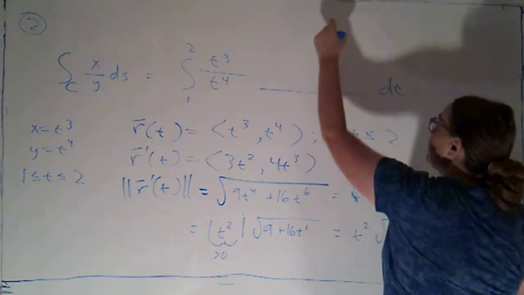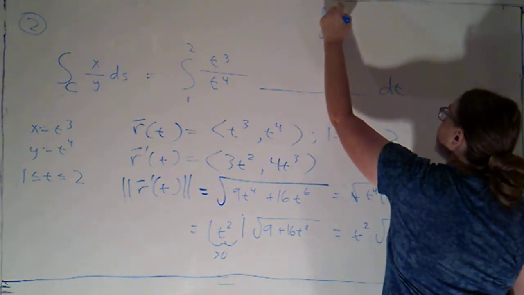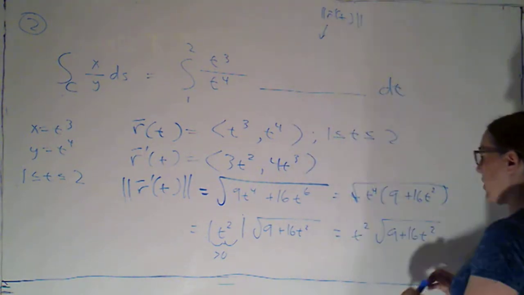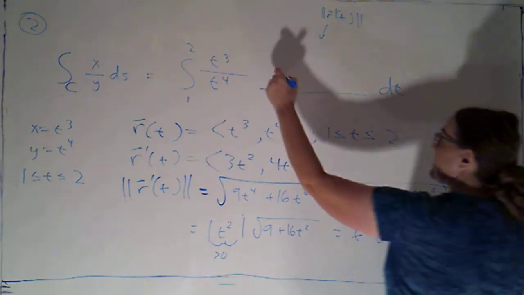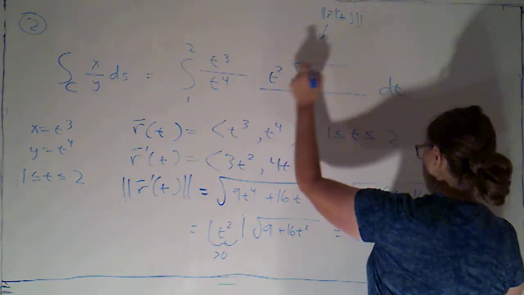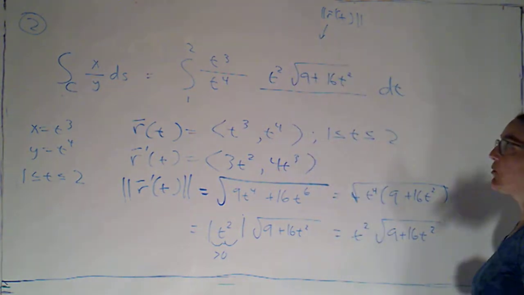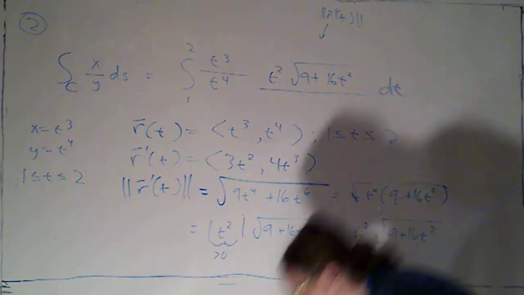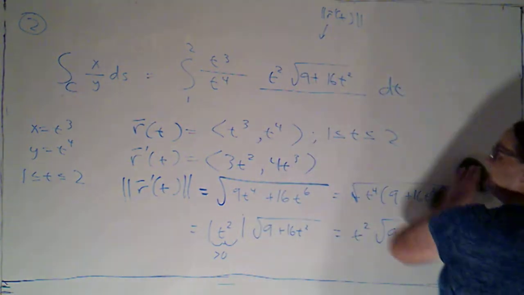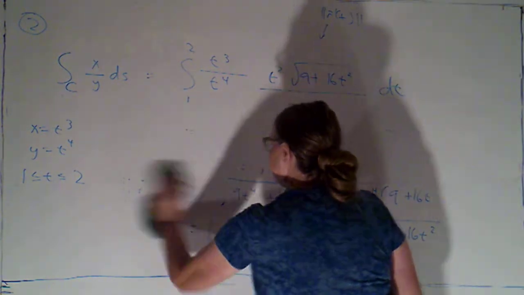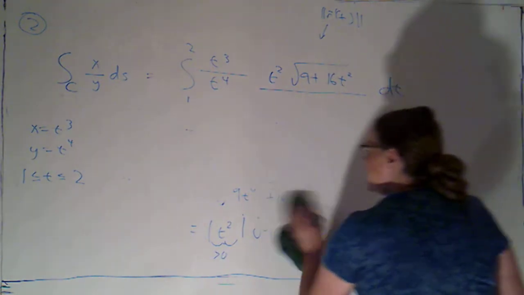And the scaling factor is what we just calculated. That's the magnitude of r prime of t. That's going to be our t squared root 9 plus 16t squared. Okay, so let's see if we can't simplify the integrand a bit.